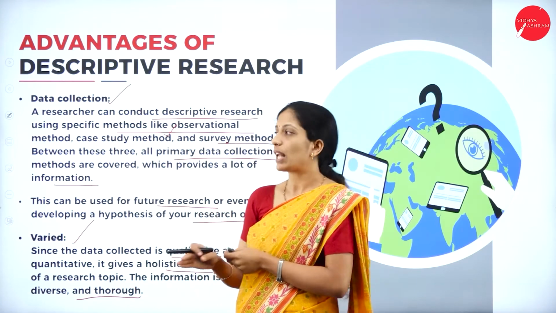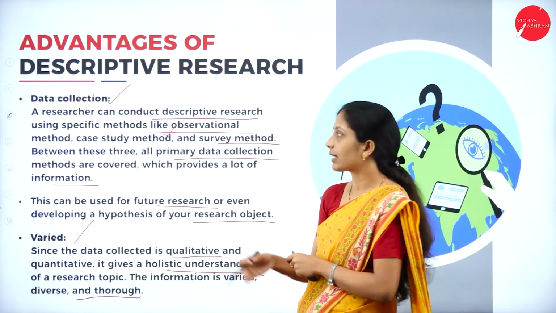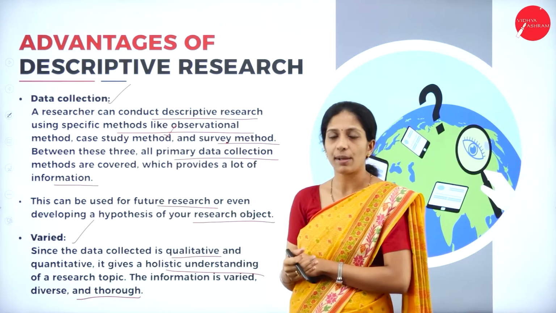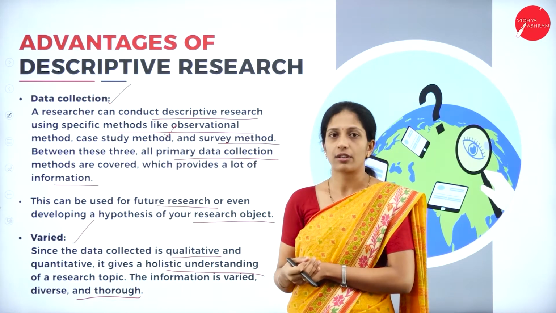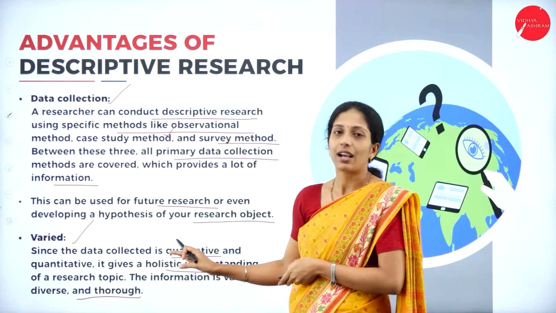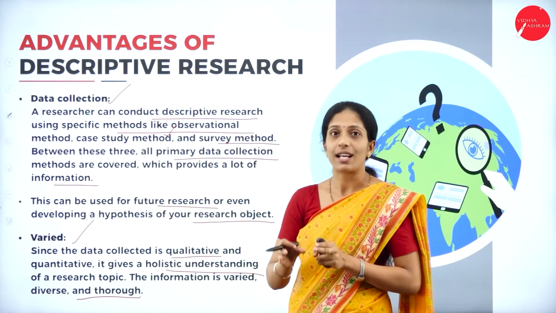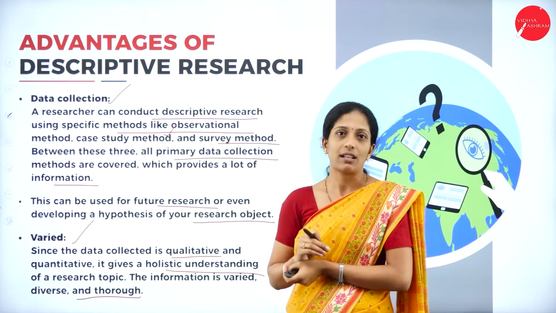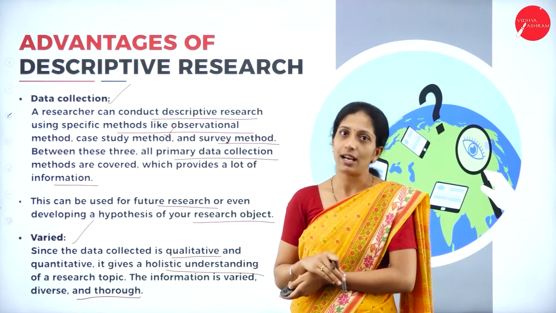At the same time, the data can also be collected through the observational method, case study method as well as survey method, which leads to qualitative data also. So both the methods they are going to prefer. Here they are going to compare the data of qualitative nature as well as quantitative nature, so that they will get the exact solution to a particular problem.